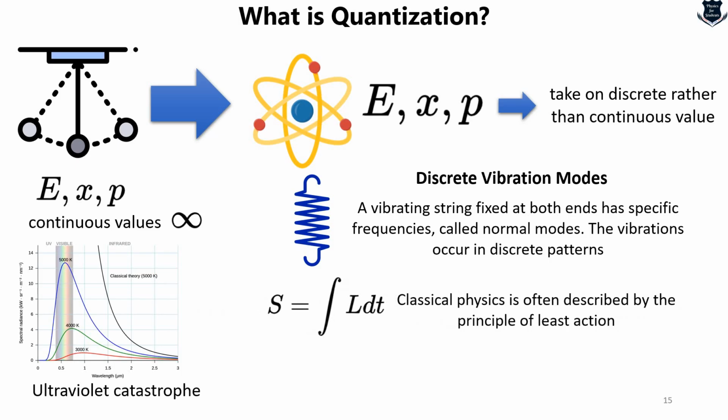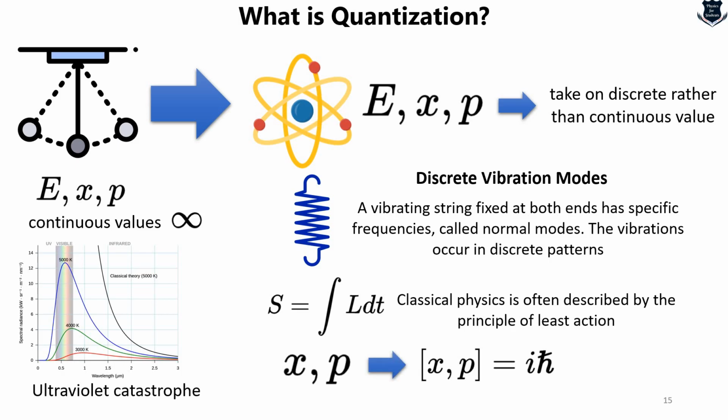The next thing that we see is this. Classical physics is often described by the principle of least action, which is S equals the integral of L dt, an integral of the Lagrangian over time. This is minimized, and in quantum mechanics this action defines the path integrals, which leads to quantum behavior.